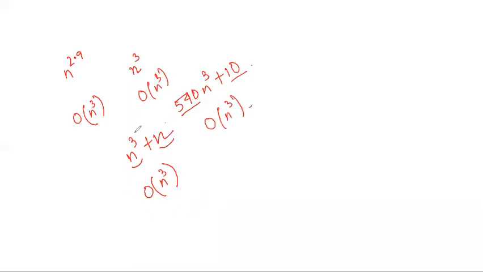Now why am I taking, among these two, 3 and not 1, or why didn't I take 4? The thing is, when I am talking about this big O notation, I talk about the worst case, or the upper bound.